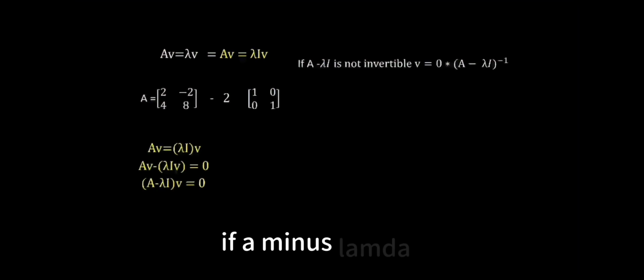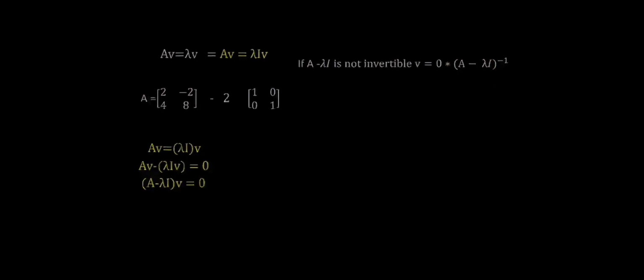Solve that. If A minus lambda I is not invertible, V equals 0 times A minus lambda I inverse.